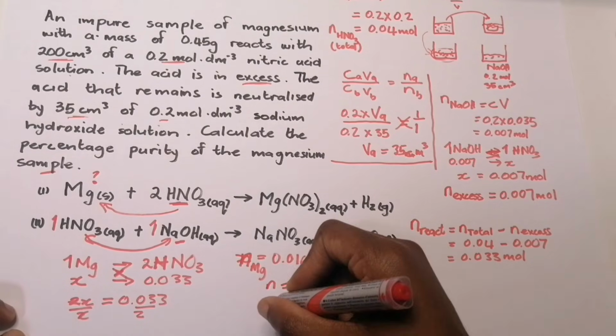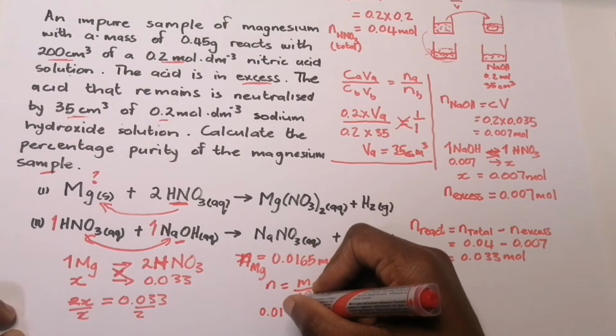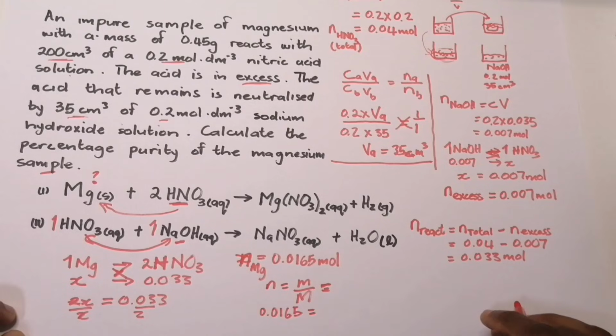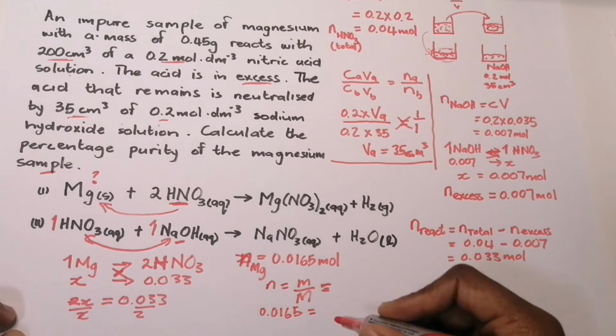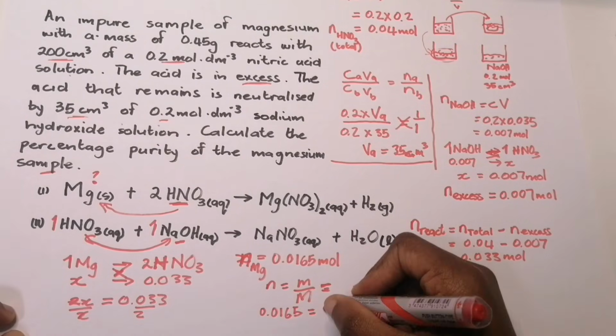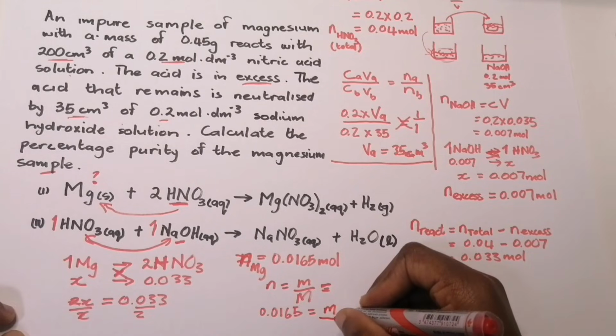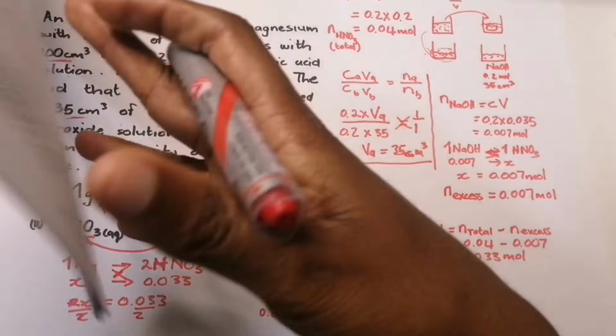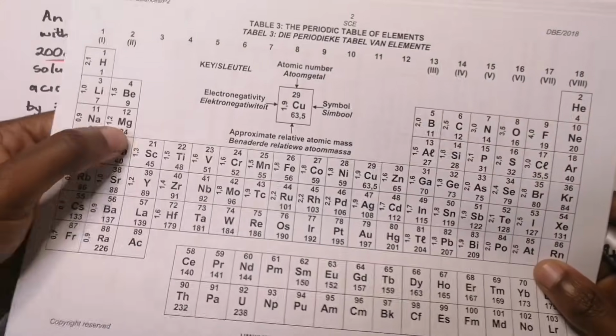So that's 0.0165. Sorry for that clumsiness over there. So that's 0.0165. I want the mass. And what's my molar mass for magnesium? Of course you would know by now. We go to our periodic table.